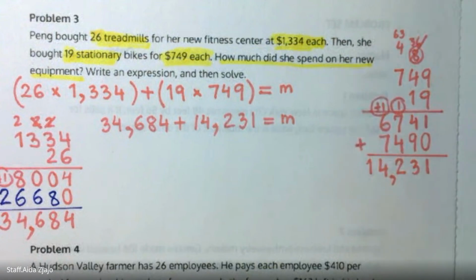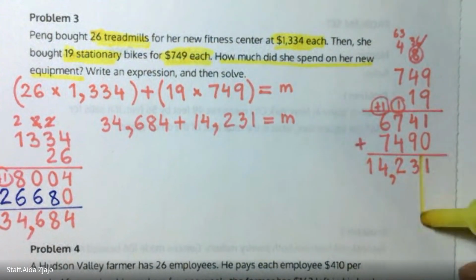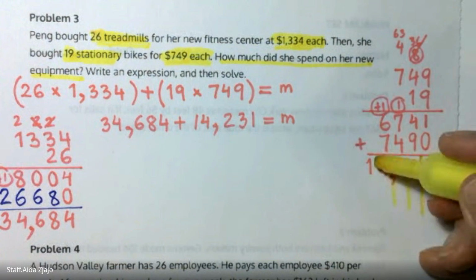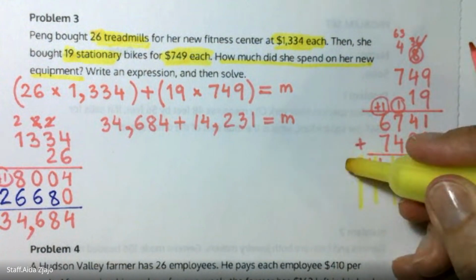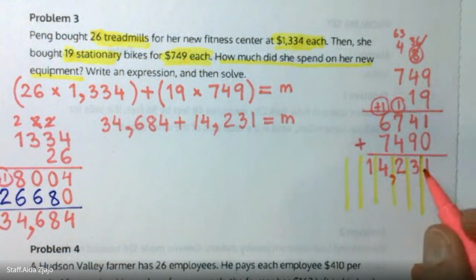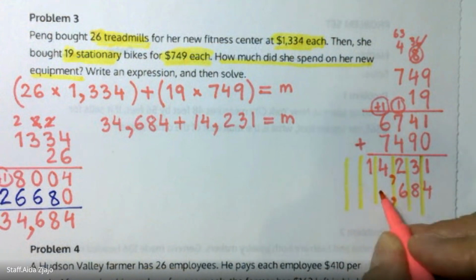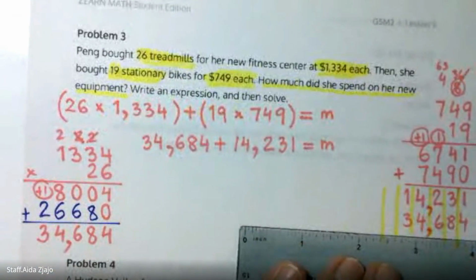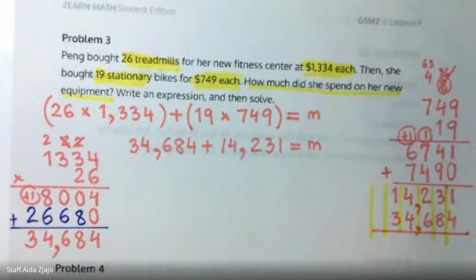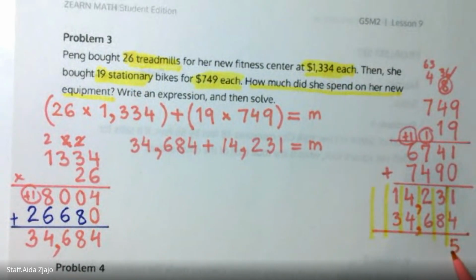So let's see, I add lines to help me write. Okay, I'm going to put a comma right there, and then 684 and 34,000. I'm going to underline. 1 plus 4 is 5, 8 plus 3 is 11, make 1.